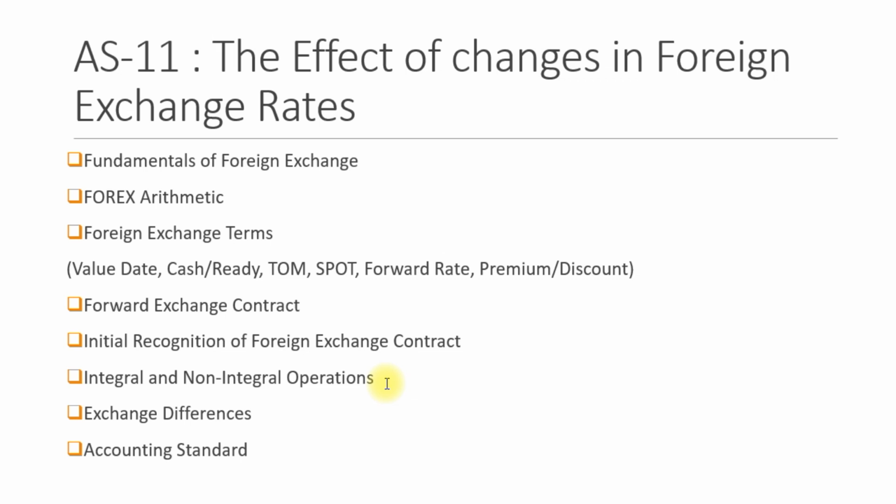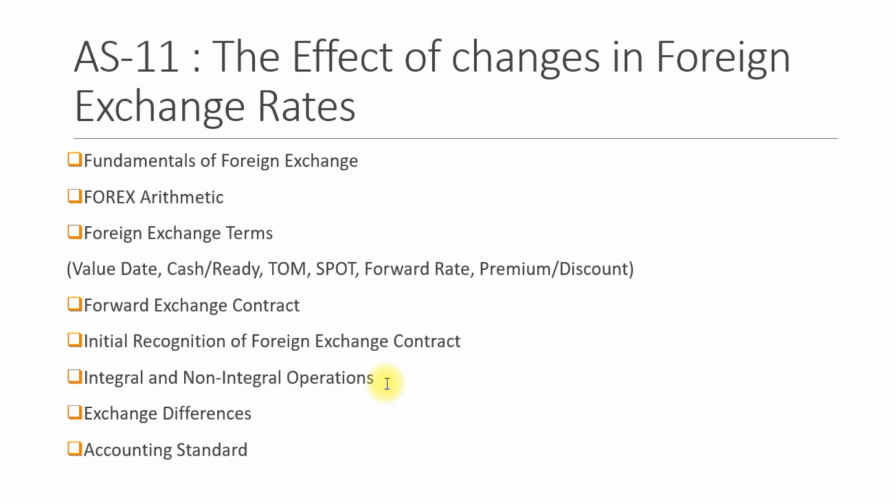So describing integral and non-integral foreign operations, integral foreign operation is a foreign operation which takes place as if it was an extension of the reporting enterprise activities like sales depot, foreign arm or dependent branches which produces raw materials and transfers it to the head office, or when foreign operations raises finance to help such reporting enterprises.